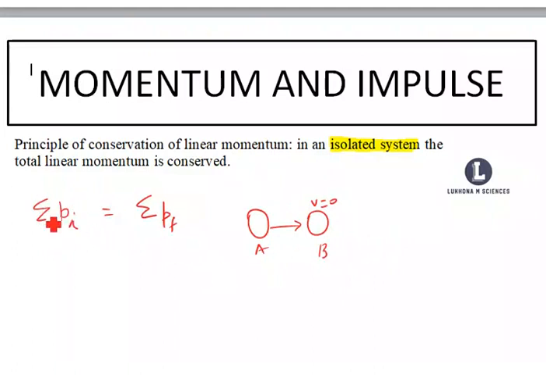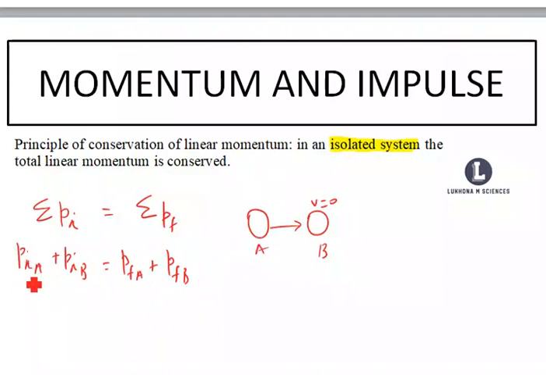So we have the sum of the momentum: you add the initial momentum of A plus the initial momentum of B, and it must be equal to the final momentum of A together with the final momentum of B. That is the conservation of linear momentum.